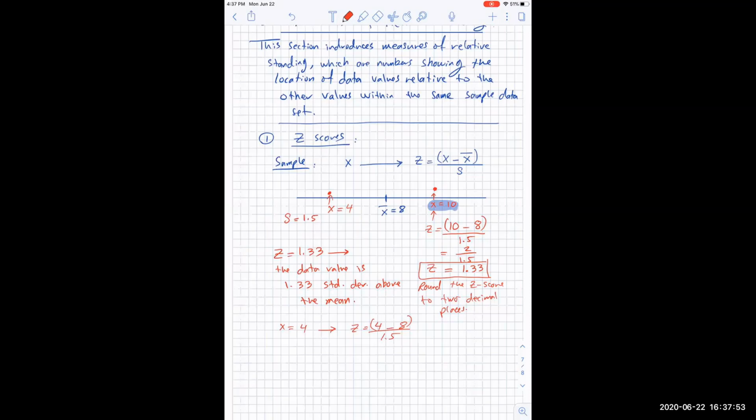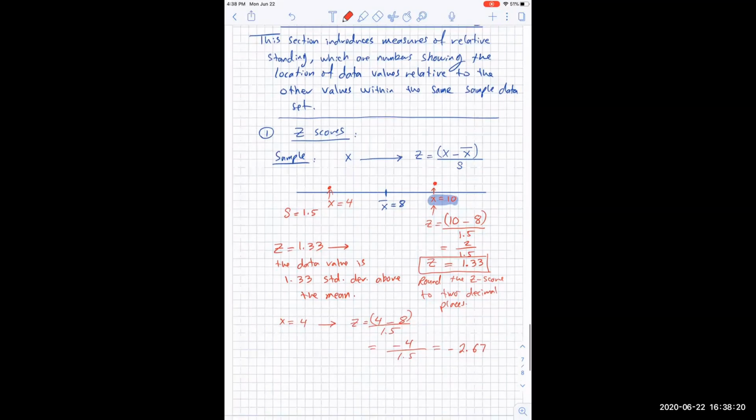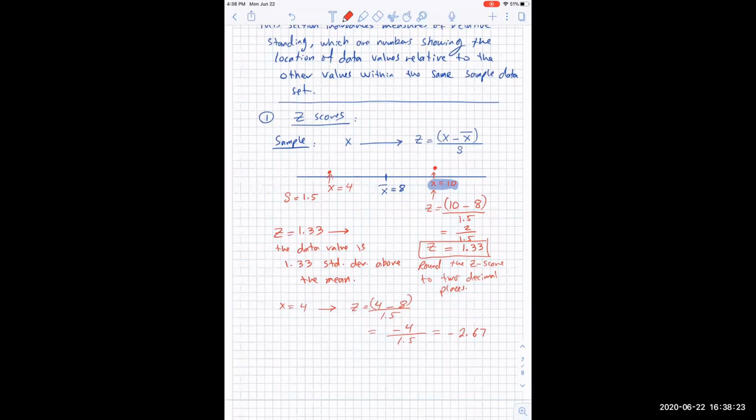Okay, so that means negative 4 over 1.5. See how the numerator is negative now? Because the mean is higher than the value, or the value is below the mean. So 4 divided by 1.5 gives me -2.67. See how the z-score is negative in this case, and the z-score here is positive.